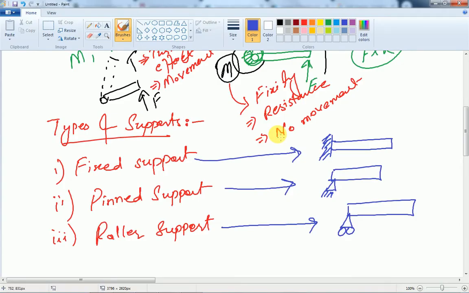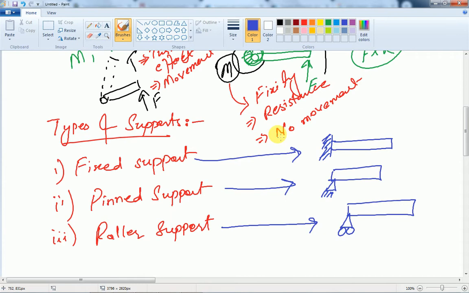Now the main question arises: how many degrees of freedom do these supports allow? To understand the degrees of freedom for these supports, we should first study the fixity codes of these supports. Fixity codes mean in how many degrees of freedom these supports allow movement of the body.